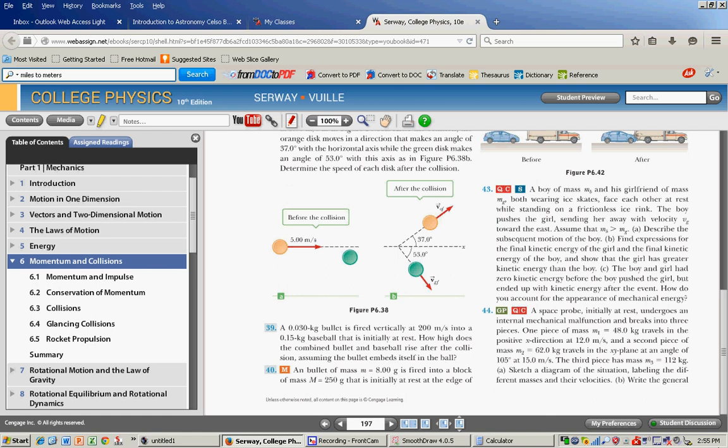Okay, so let's try to understand this problem. That's problem number 39.